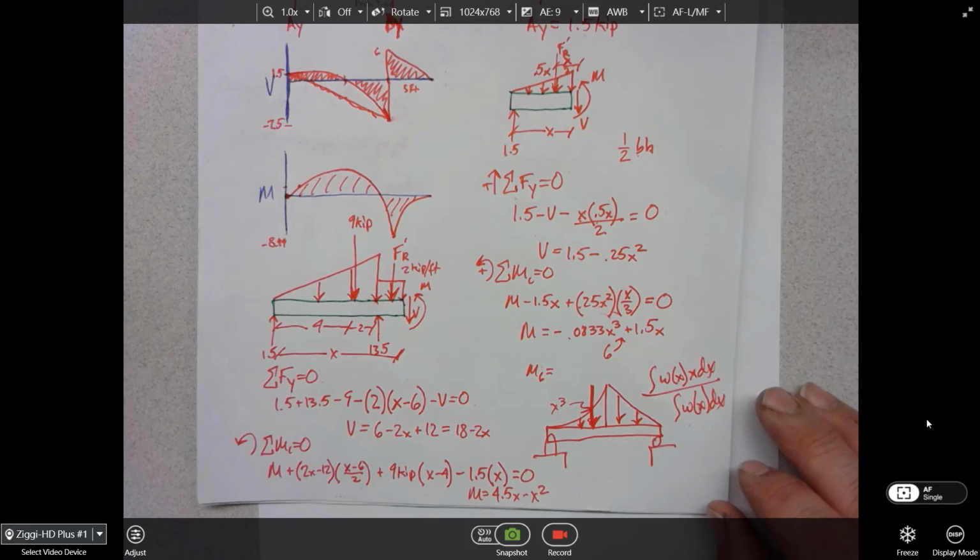Because it's in the center of this rectangle. This distance is x minus 6. So that would be x minus 6 divided by 2. I'm sorry, this distance is x minus 6. This is 6. This is x. So x minus 6 is here. X minus 6 divided by 2 gives me halfway across, which is where that resultant force would act.